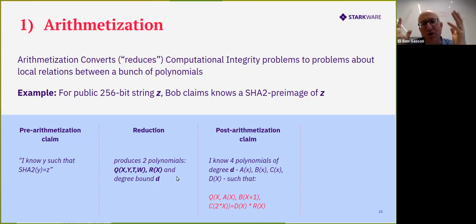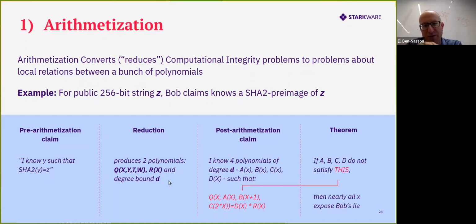The claim is that you know a collection of 4 polynomials, all of degree less than D, let's call them the polynomials A, B, C, and D, such that if you plug A, B, C, and D into the various variables of the polynomial Q, you will get 0 or equivalence. So it's some problem about polynomials.